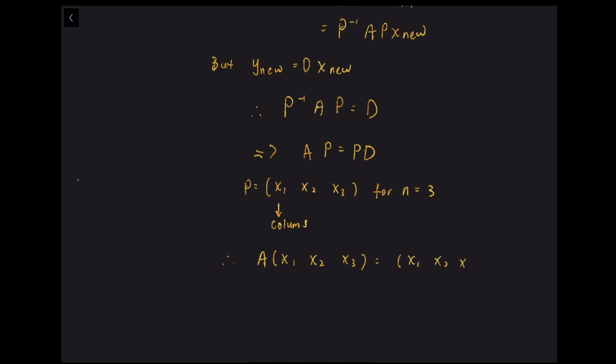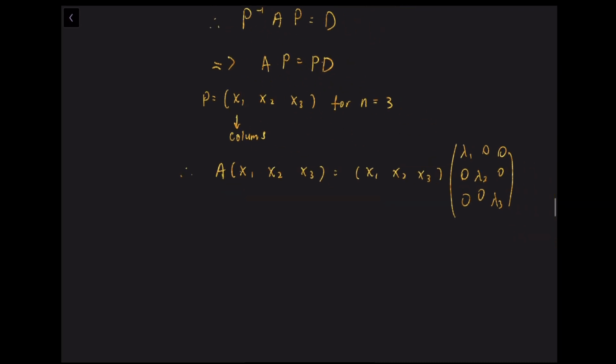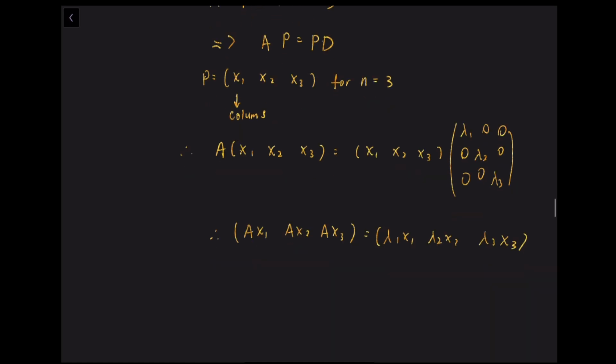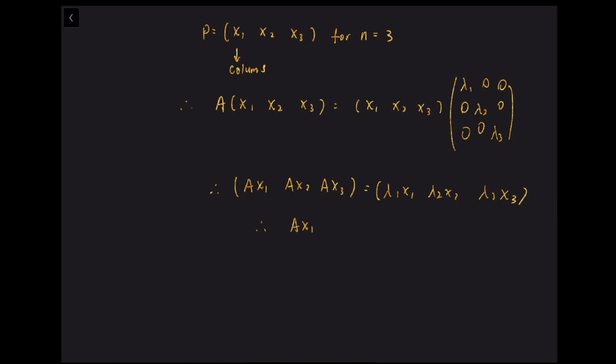Thus, Ax1, Ax2, Ax3 equals lambda 1 x1, lambda 2 x2, lambda 3 x3. This is equivalent to the following equations: Ax1 equals lambda 1 times x1, Ax2 equals lambda 2 times x2, and Ax3 equals lambda 3 times x3.